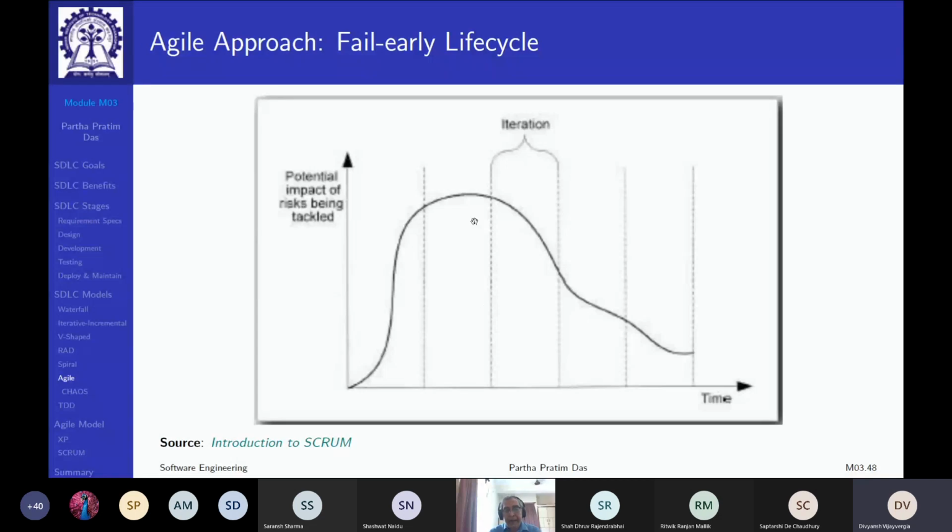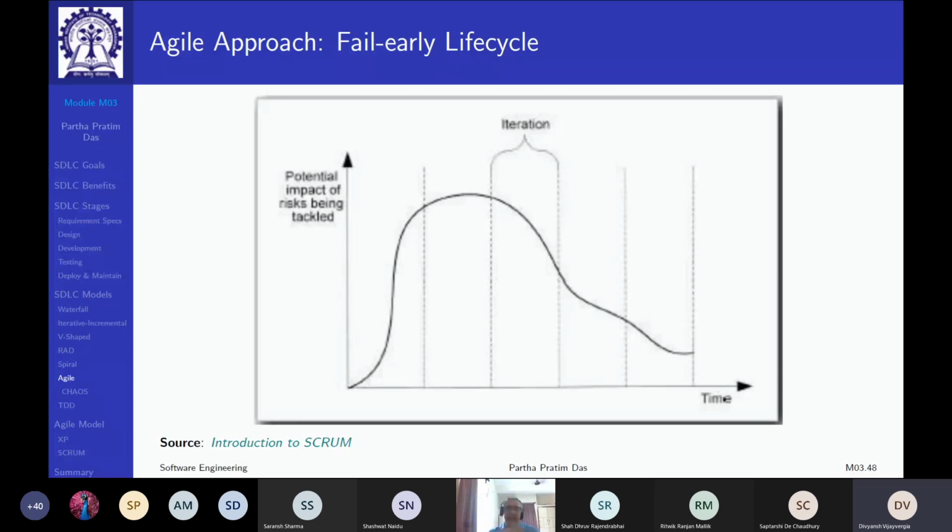So requirements stabilize and your quality of development stabilizes. So the potential risk keeps on coming down. And it is preferred by the customer and by software development companies, because the fail-early life cycle is one of the very positive characteristics of agile, for which people love it.